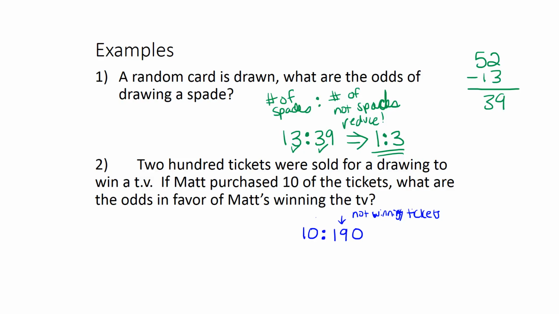And then, of course, you can reduce that. They should total, right, 10 and 190, they should total the denominator in a probability event. But these both end in 0, so you can divide them both by 10. 10 divided by 10 is 1. 190 divided by 10 is 19. So the odds in favor of Matt winning the TV are 1 to 19.